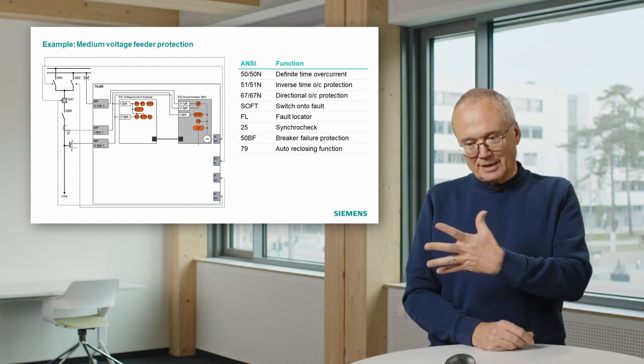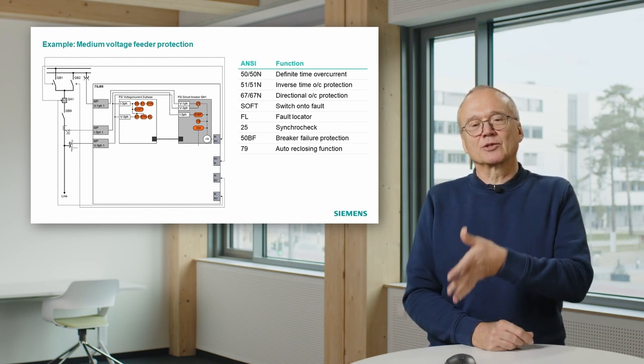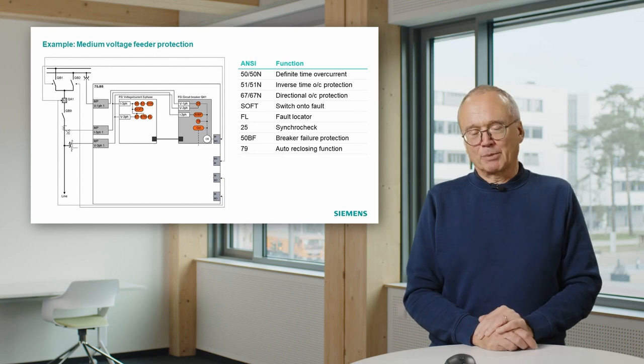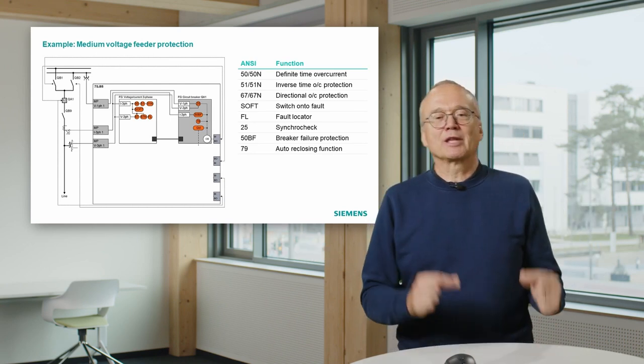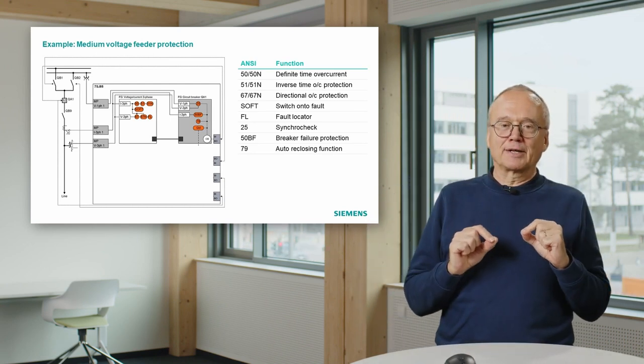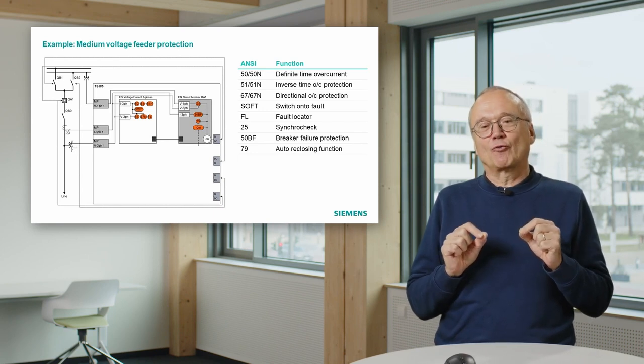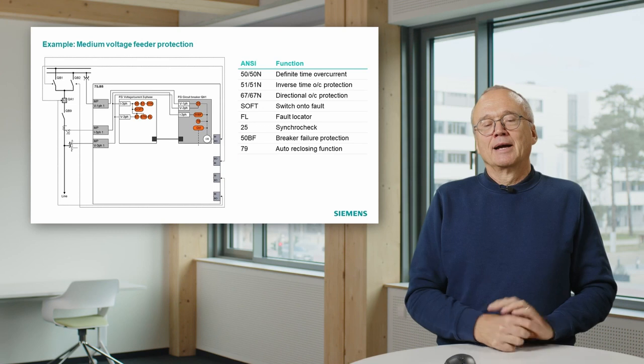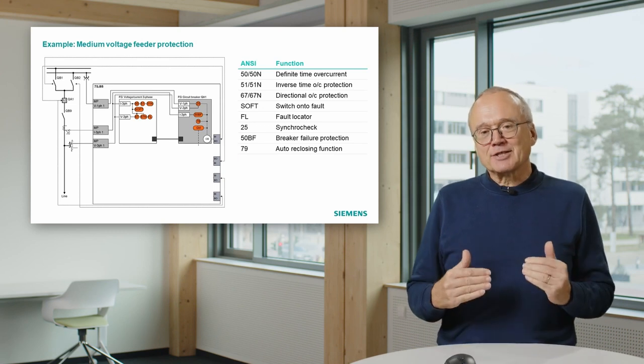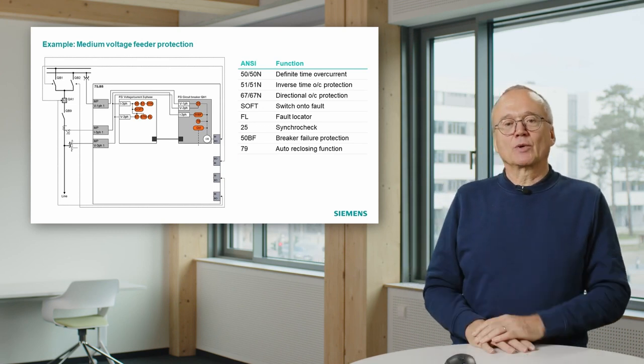The short circuit it sees is a result of closing the breaker and it directly opens. That means this switch onto fault function, sounds a little bit strange, gives you a fast tripping in this particular situation.